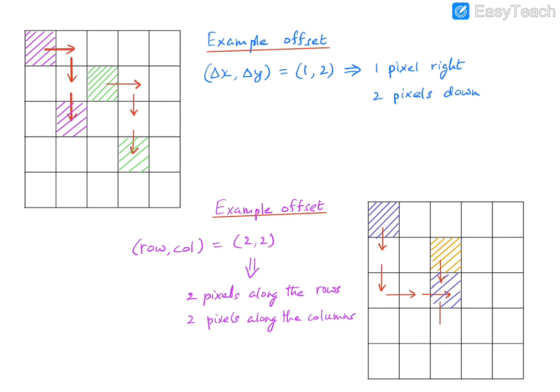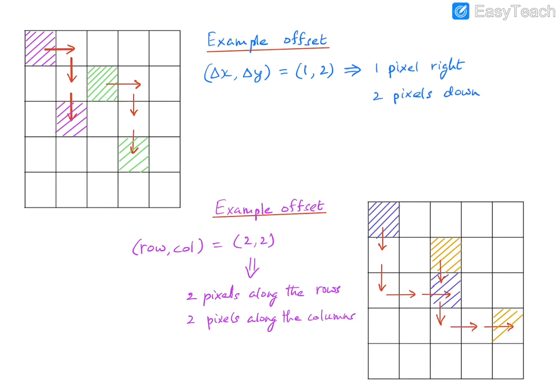So we arrive at this particular pixel, and then we have to move 2 columns to the right. That will be one column to the right here and another column to the right here. So again, we'll mark the arrowheads. So corresponding to the orange pixel, the pixel which is at an offset of 2,2 is this particular pixel. Okay, so I'll mark it with the same color.